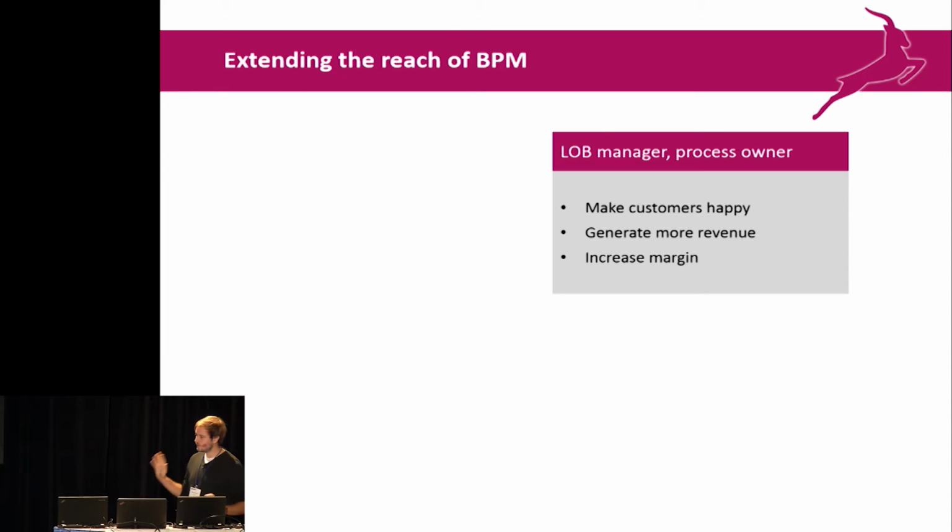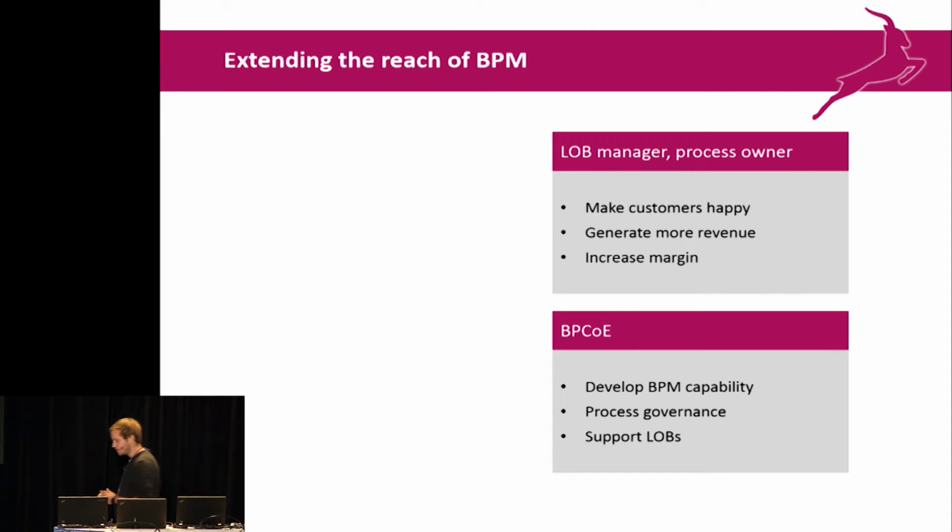Okay, so this is basically our daily business, and the typical people we talk to are those two groups. Line of business managers or process owners, who have the challenge to make their customers happy, generate more revenue, or increase margins for the company, using a process-oriented perspective to achieve that. So a head of sales, for example, who has a broken sales process or has the opinion that things can be improved to smoothen the operations in the sales department, would use Signavio to do exactly that.